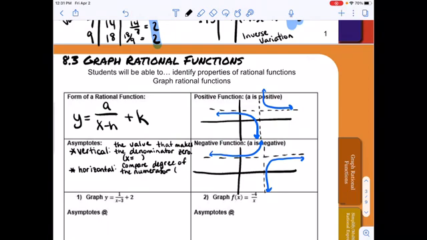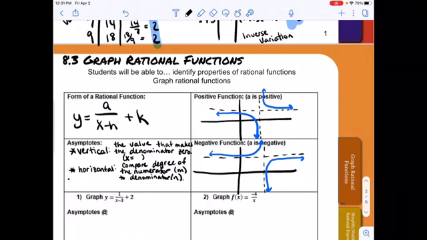We are going to call the numerator m for this case, so that way we don't have to write out numerator and denominator all the time. And the denominator is n. Okay? So then, we have 3 comparison cases.